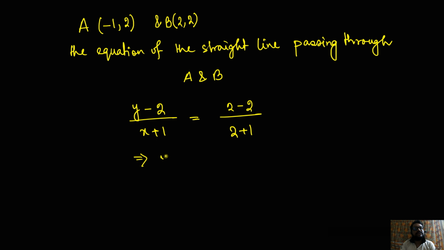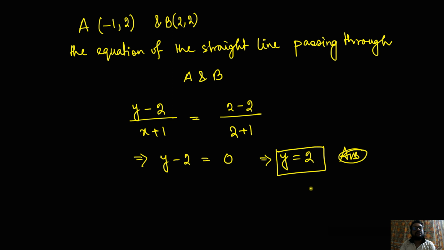So that implies y minus 2 equal to 0, because 2 minus 2 is 0, so 0 by 3 equal to 0. So y equal to 2. This is the equation of the straight line, and this is the answer.